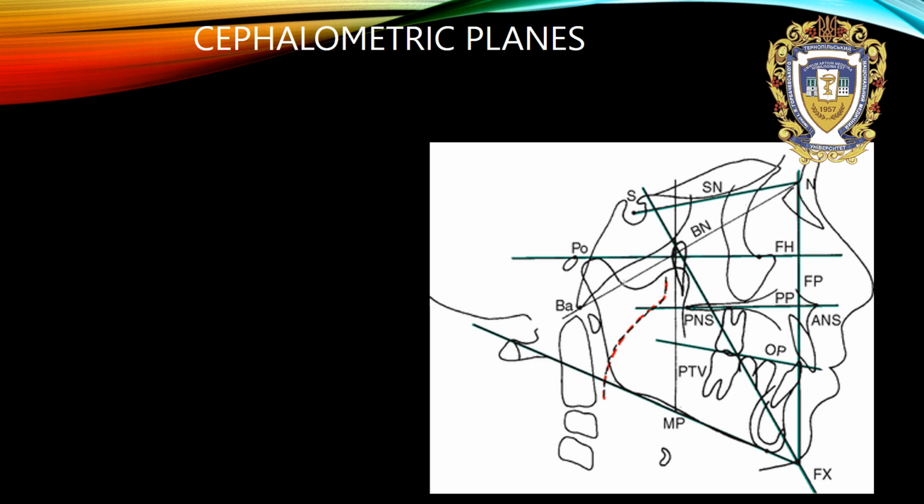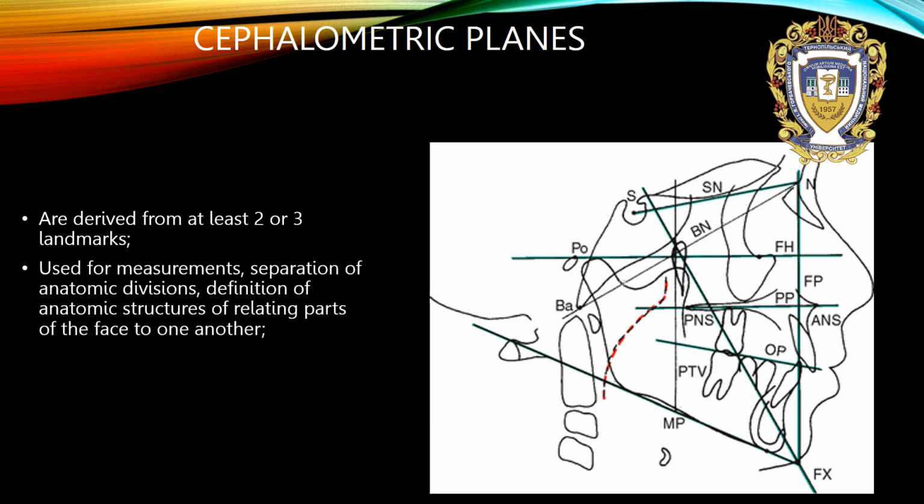Cephalometric planes are derived from at least 2 or 3 landmarks used for measurements, separation of anatomic divisions, definition of anatomic structures, and relating parts of the face to one another. Cephalometric planes are classified into horizontal and vertical planes.